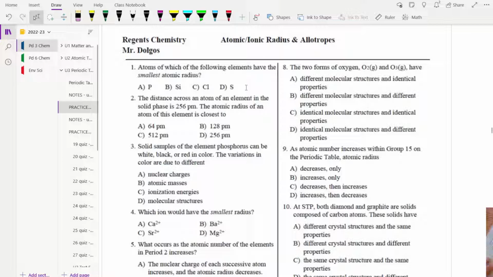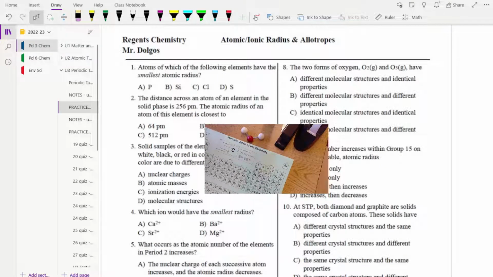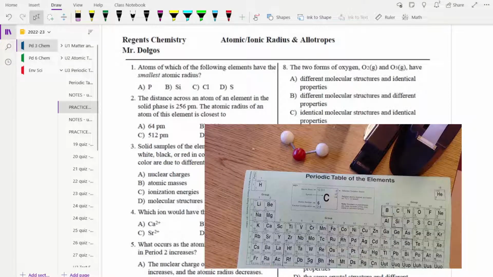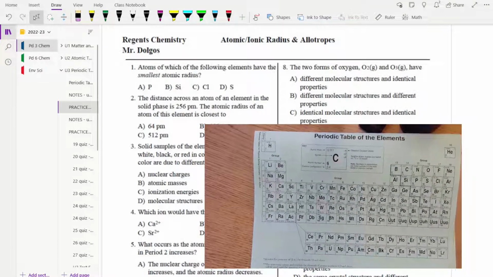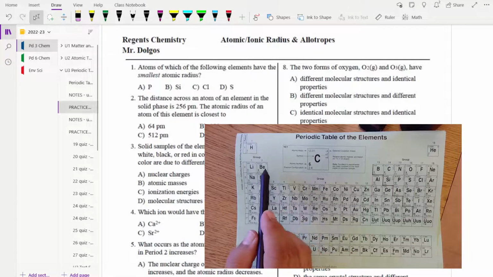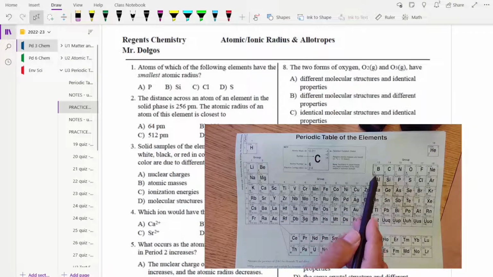Well, looking at the periodic table, let me just move that over here. There we go. I know it's a small box. You may not be able to see perfectly, but you have one in front of you. The idea is that as you go across, the atomic radius decreases, because the nuclear force pulls on those electrons with additional strength.